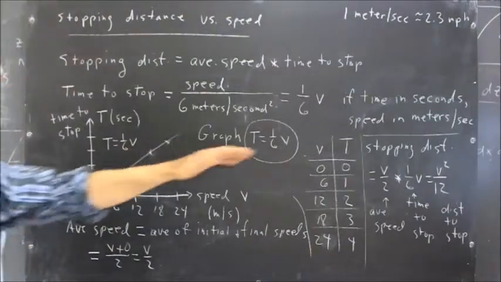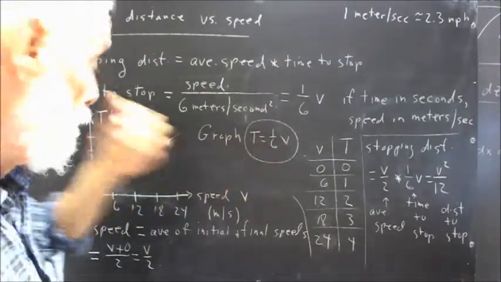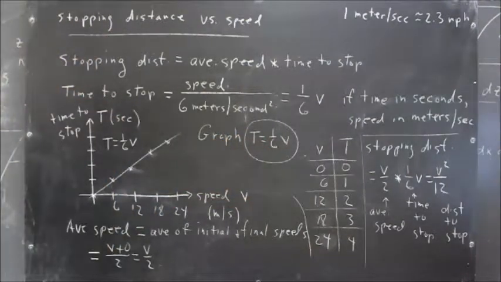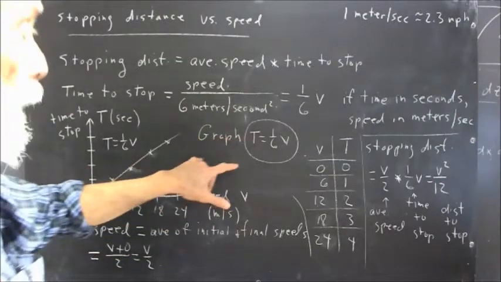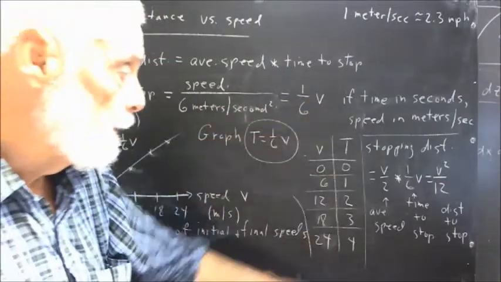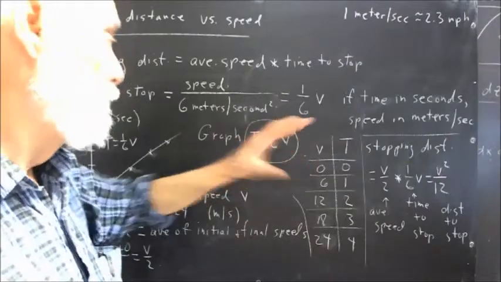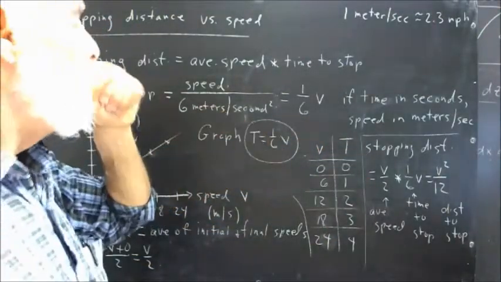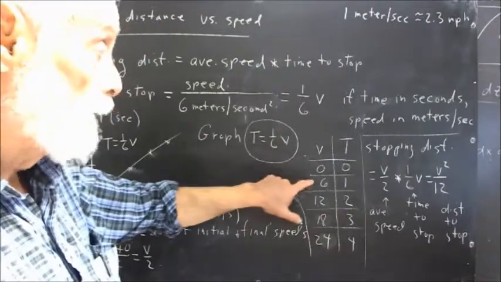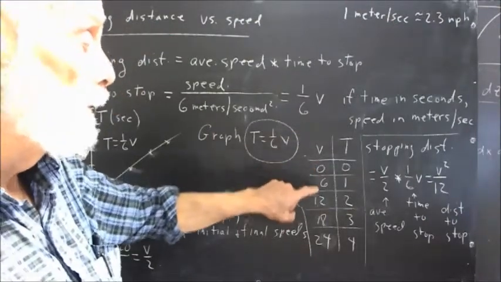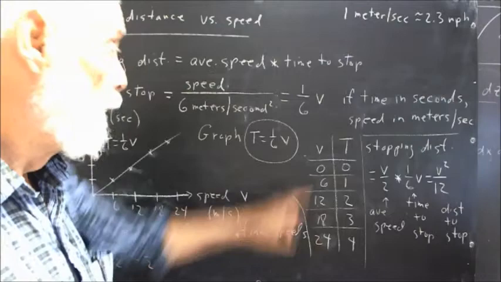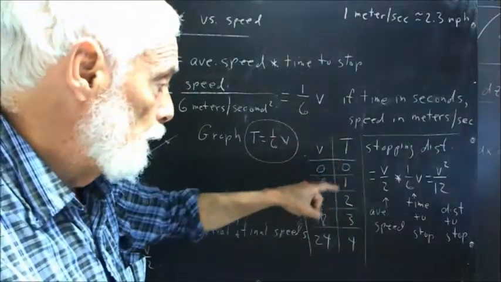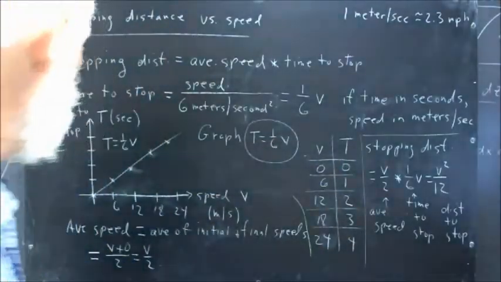Now we could graph T versus V, and it's always good to have a graph. In order to do that, let's use the formula to make a table, and you should pause and make your own table without looking at this one. But in any case, using the convenient velocities 0, 6, 12, 18, 24, we get the time to stop being 0, 1, 2, 3, 4 seconds.